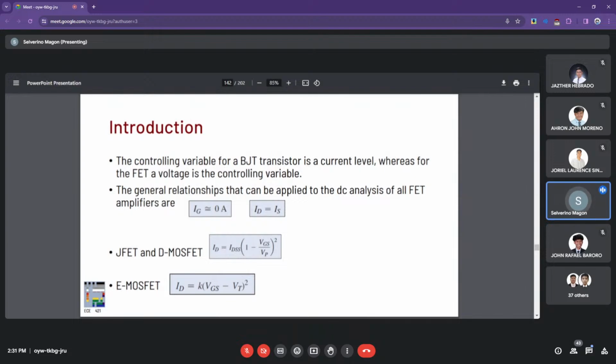Last week we covered the DC analysis for the BJT. Right now we will proceed with the FET, so tomorrow we can start with the AC. We'll finish the DC today, so we can have the AC analysis tomorrow.